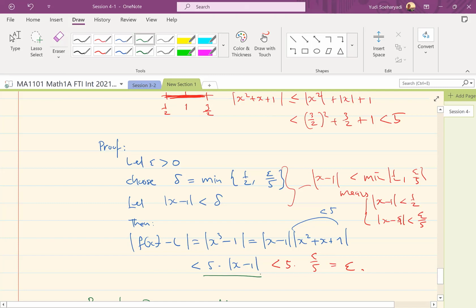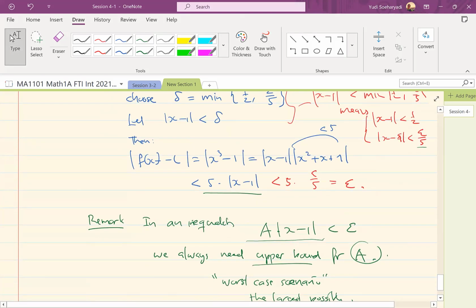So keep the 5 and replace x minus 1 by something larger. Because we assume x minus 1 is less than delta, which means x minus 1 is less than 1/2 and x minus 1 is less than epsilon over 5, we just pick this one, epsilon over 5, the smaller one. Oh, okay.